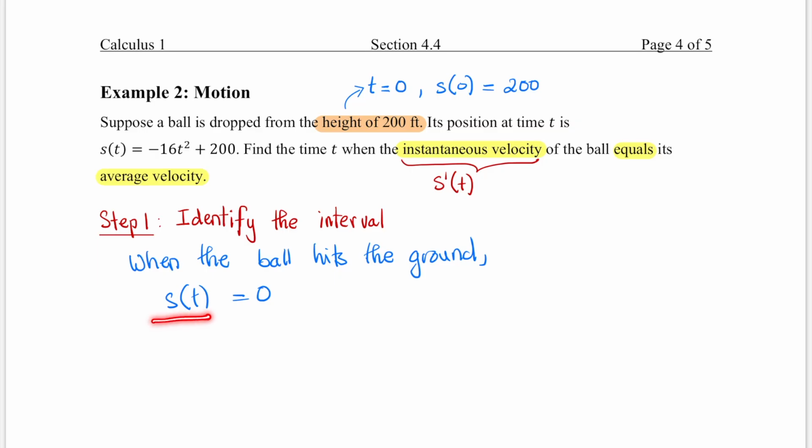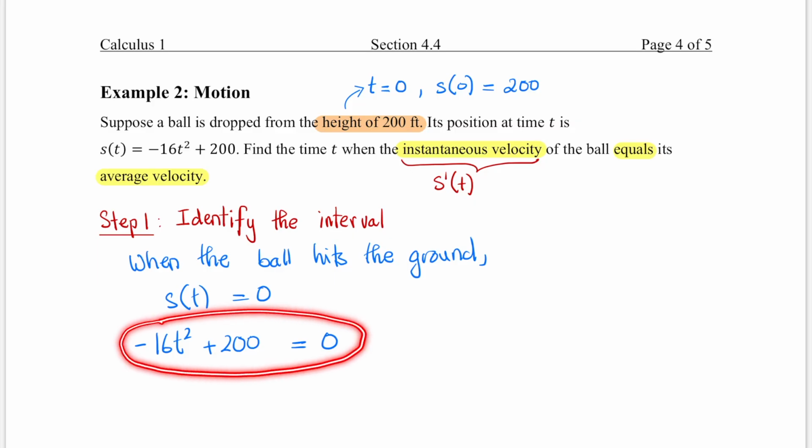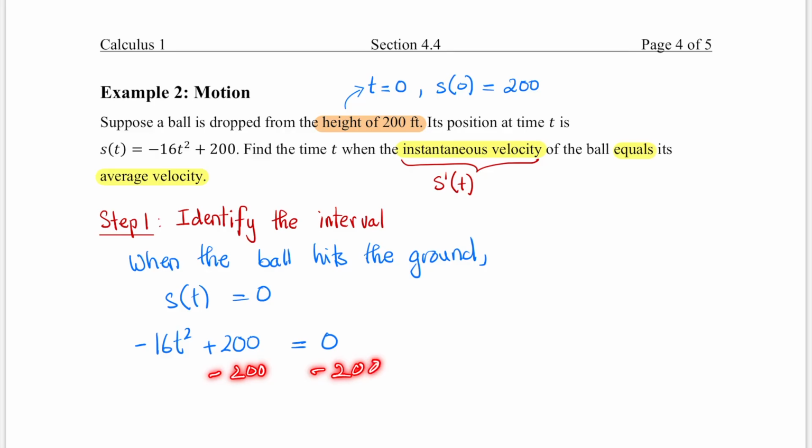S of t equals negative 16t squared plus 200. So I have the equation negative 16t squared plus 200 equals 0. To solve for t, I first subtract 200 from both sides. So I get negative 16t squared equals negative 200.